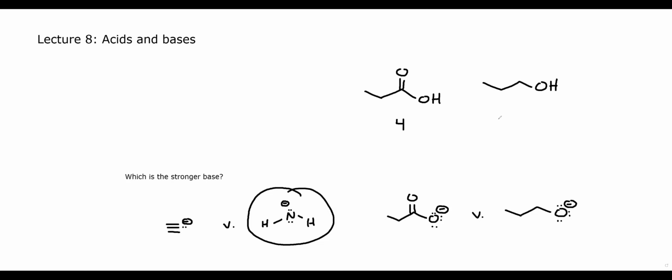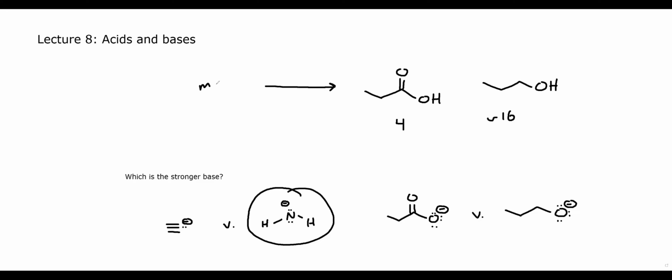An alcohol, if we consider water at 15.7, alcohols are typically around 16, 17 range. Doesn't really matter whether we put 16, 17, 18. Either way, this molecule on the left is much more acidic, right?